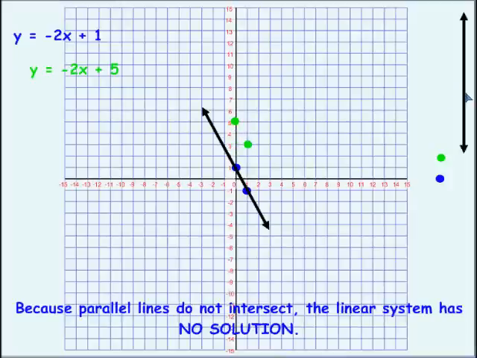We are going to have, in fact, parallel lines. Same slope gives us parallel lines. We know that parallel lines will never intersect. So I have my lines off a little bit here.